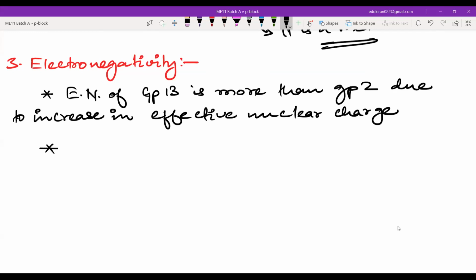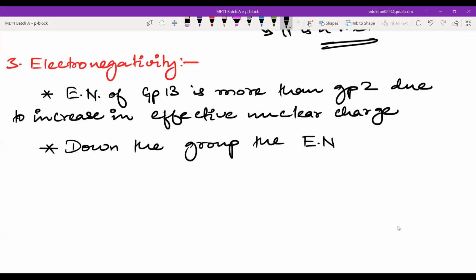Then down the group, if we compare the electronegativity, what is going to happen? It will decrease down the group.